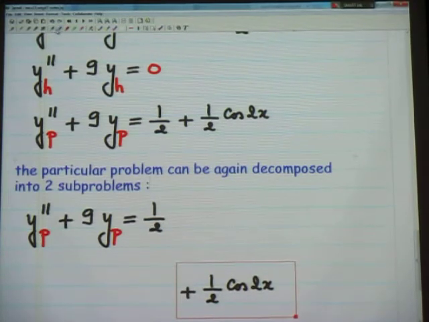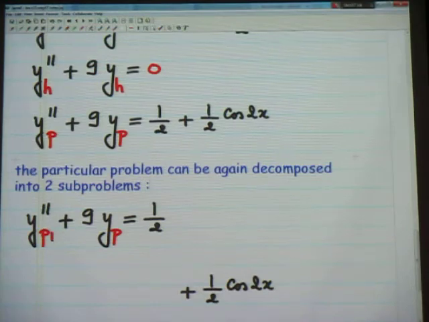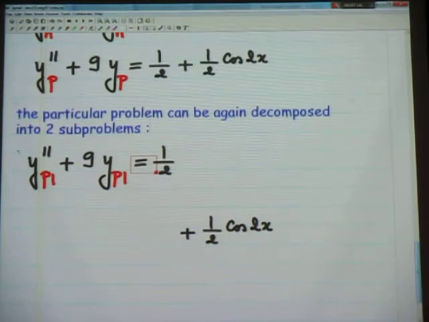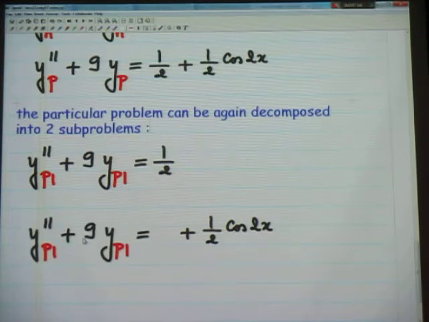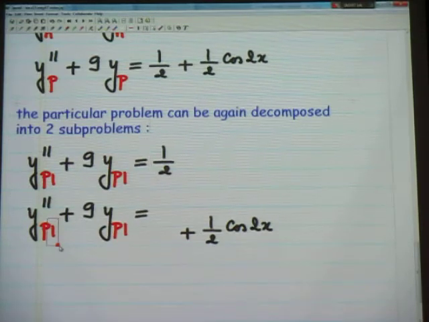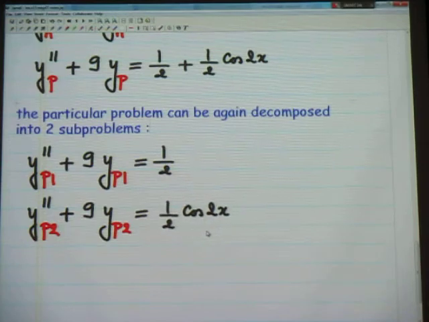Call this yp1. That's the first sub-problem, and the second sub-problem would be similar, but with the index 2, so yp2, and the excitation would be the next term, right?